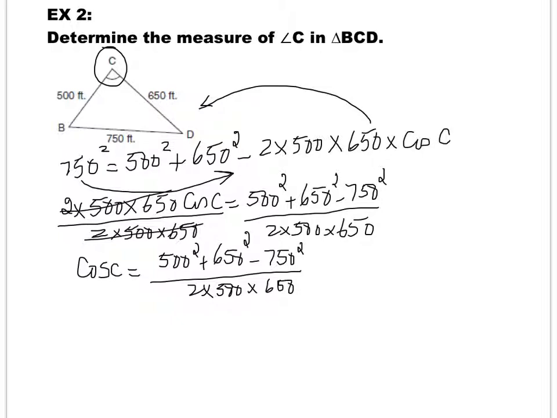Now, if I simplify this ratio and then use the inverse cos on my calculator, I find that C is approximately 80.26 degrees.